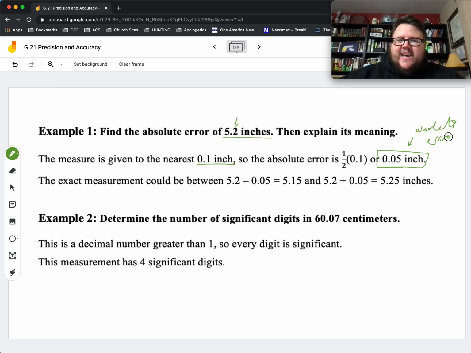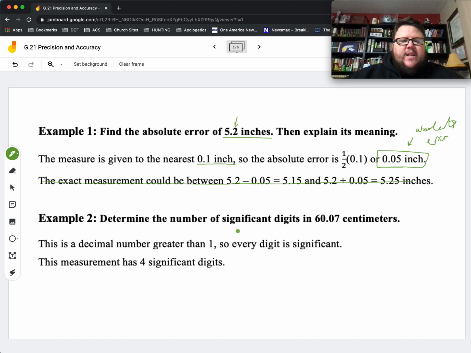If you can read that. Absolute error. I'm not worried about this part. It just means that you can be within plus or minus 0.05.